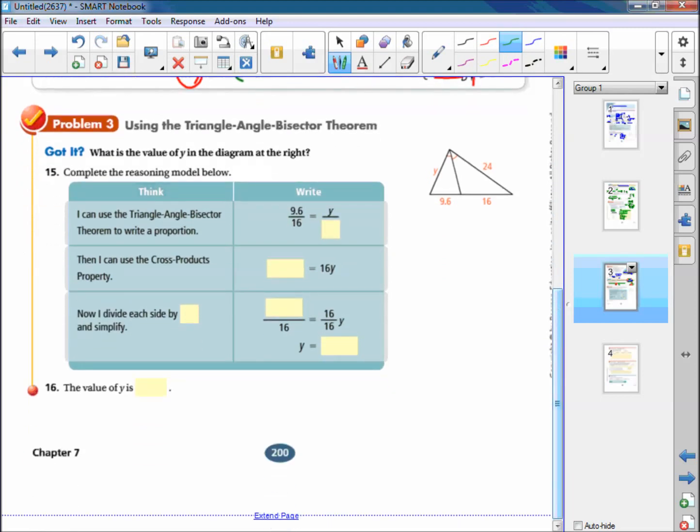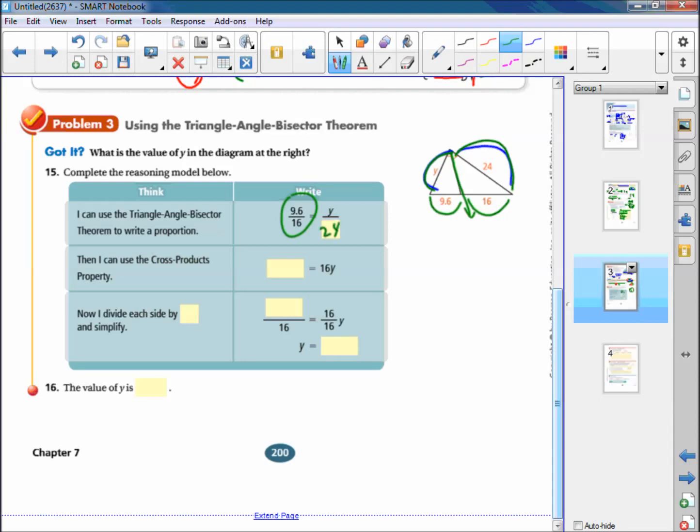All right, so what is the value of y in the diagram at the right? So here's our angle bisector, cutting through here. I know that these two and these two form equivalent ratios, so it should make a proportion. The split side is 9.6 and 16, so 9.6 compared to 16, and the 9.6 corresponds with y, and the 16 corresponds with 24, so that should be the other side of our proportion.